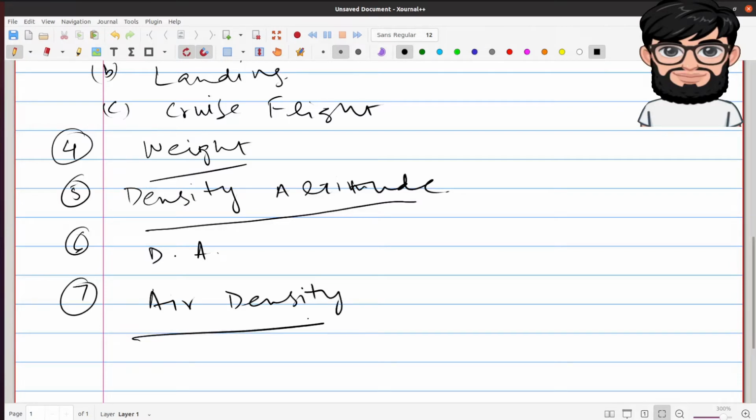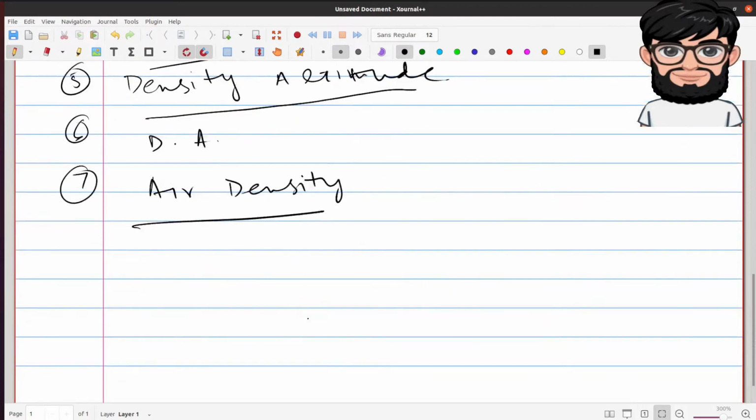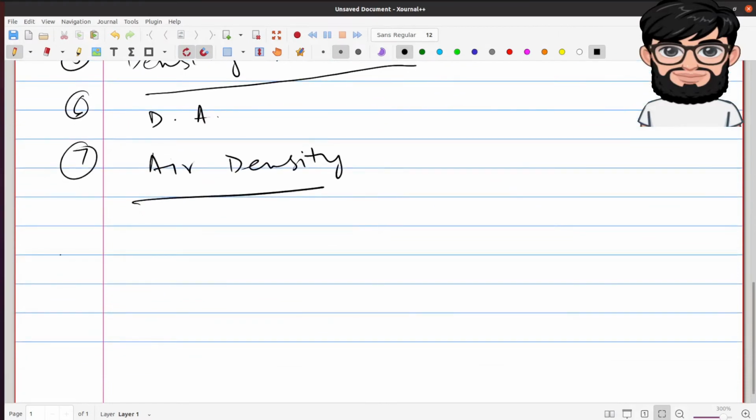It has a direct effect on the lift produced by the wings and the power output of the engine. It also affects propeller efficiency and the drag forces. We just named the things that are going to be affected, but what kind of effect does this air density have?